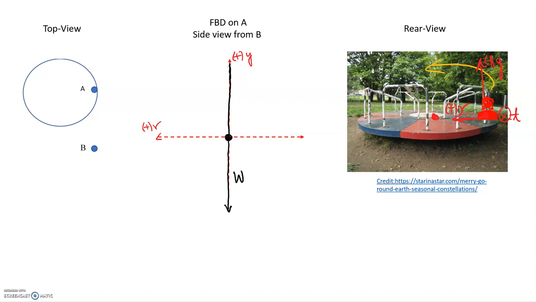So the lengths are going to be the same. That's F sub n. And then we have the frictional force pointing inwards towards the circle. So we have a net force in the radial direction pointing inwards, which is the direction of the acceleration. And that's the force due to static friction between the merry-go-round and the girl sitting down.